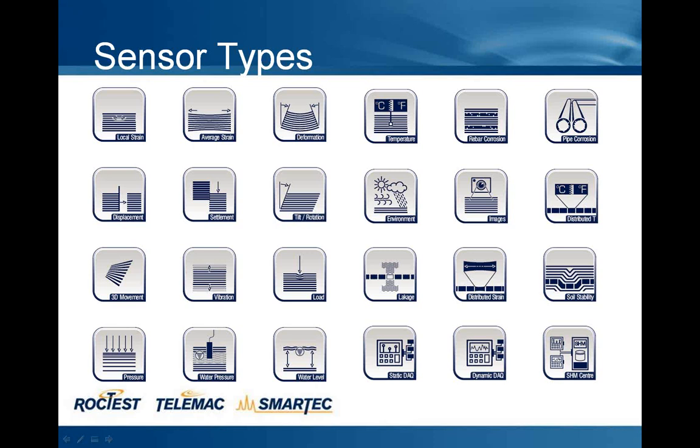Here is a list of typical sensors that are or can be considered for monitoring structures: local strain sensor, average strain, deformation sensor, temperature, corrosion, displacement, settlements, tilt, sensors measuring environmental conditions, taking images of the structure, analyzing movement, vibration, localized loads, pressure, water pressure, etc. So there are several different sensors that can address different risks.